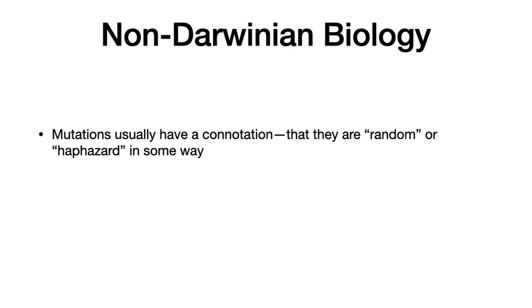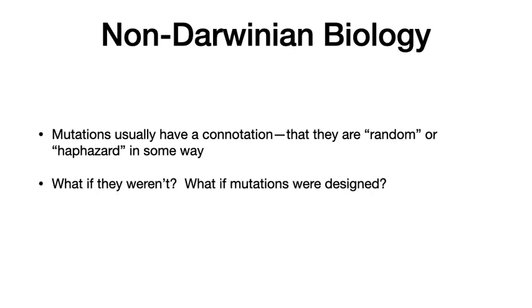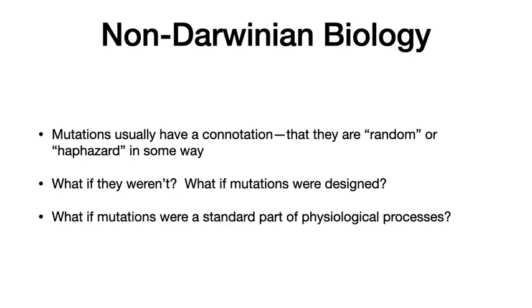What if mutation itself was a physiological process that just happened to go bad sometimes, but on the whole was an interesting and necessary process that is not haphazard at all, but actually has a design and pattern to it? What if mutations weren't random and haphazard? What if they were designed? What if they were part of a standard physiological process?